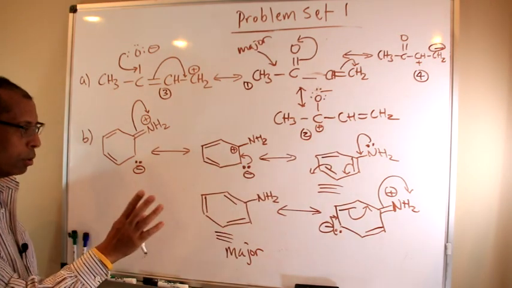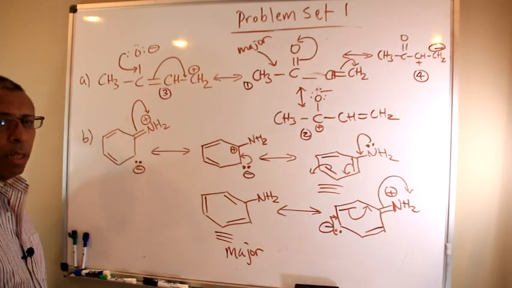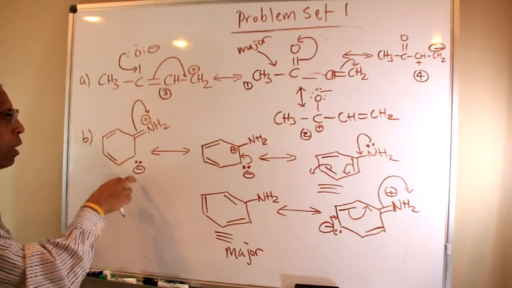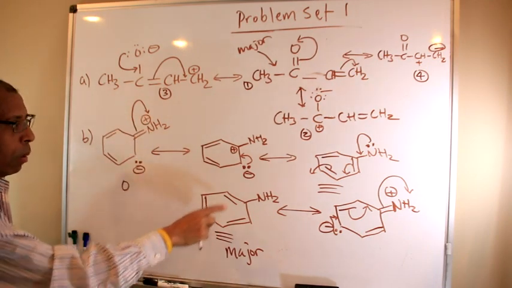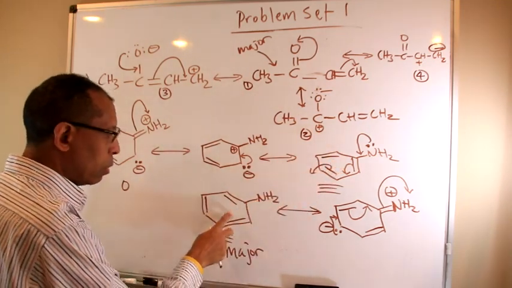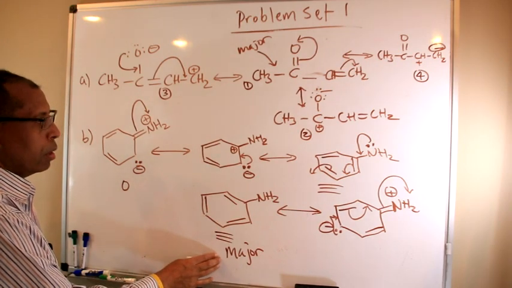Even though you started from a compound with a minus and a plus, remember, even though the electrons are in different places, the overall charge is zero. So it is not violating any of what we came up with. So this is a neutral molecule with no charge, so it would be a major contributor.